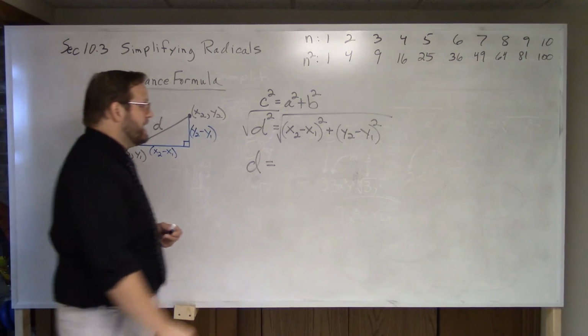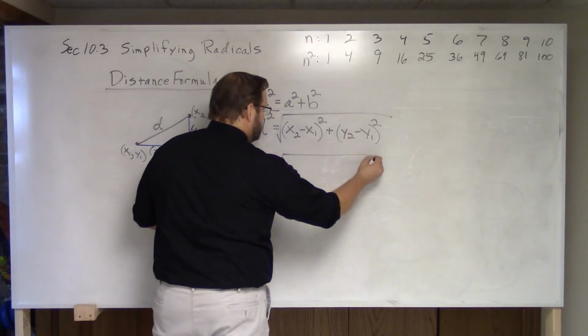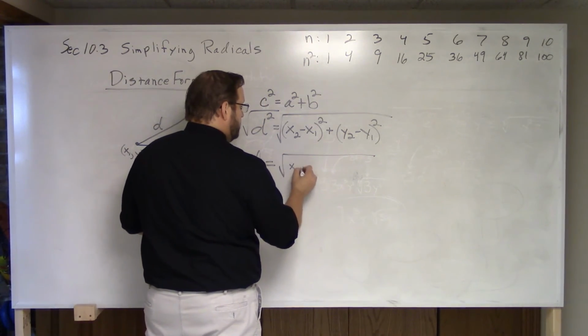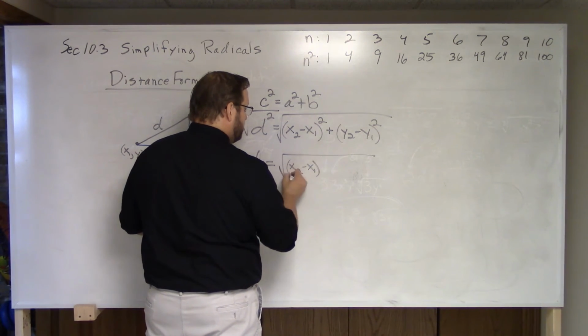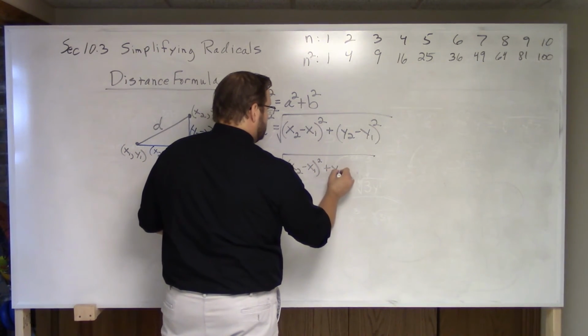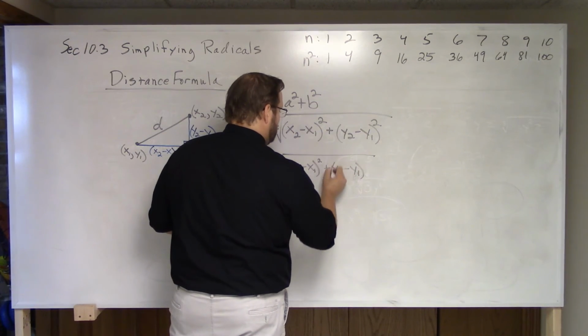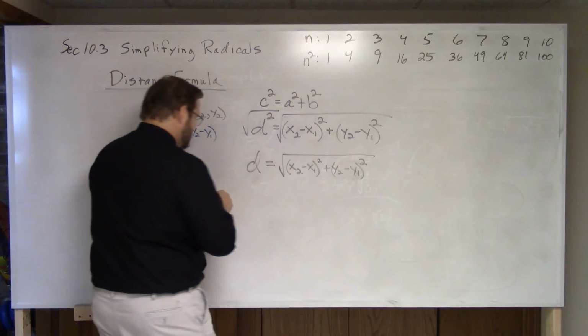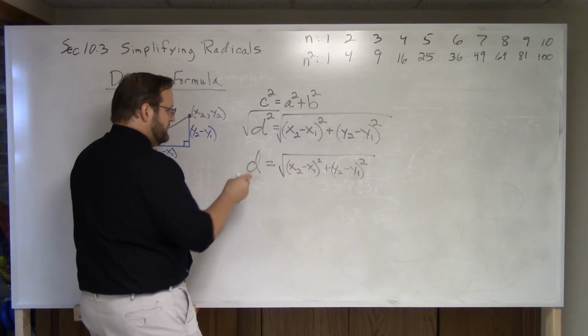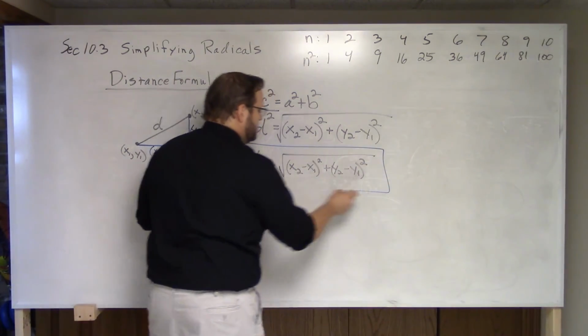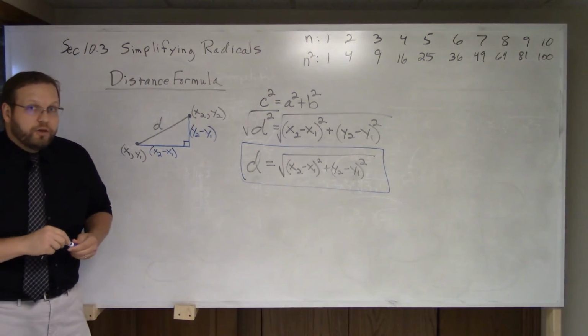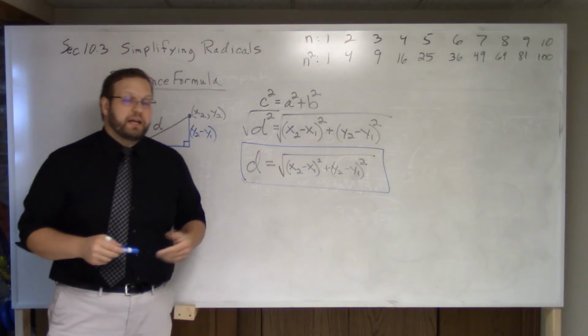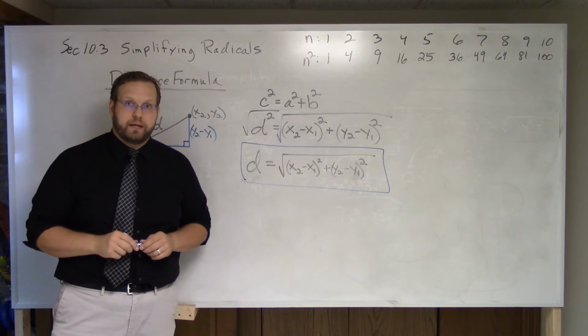And then the other side is simply going to be the square root of this mess over here. This is the distance formula you need to know. And all that is a play on the Pythagorean theorem. Nothing more than that. Okay.